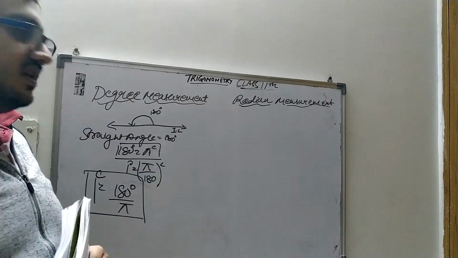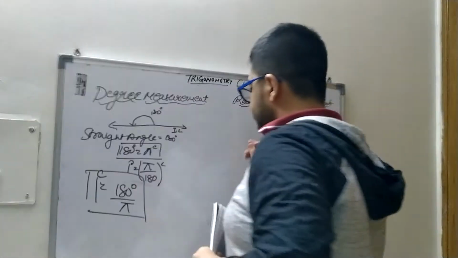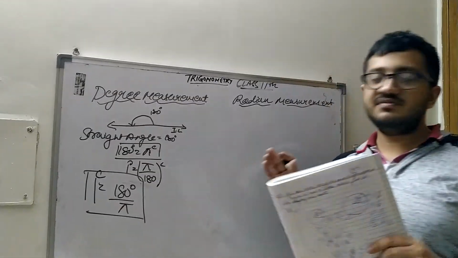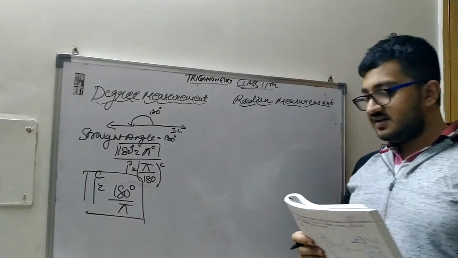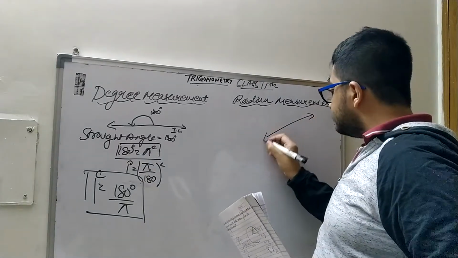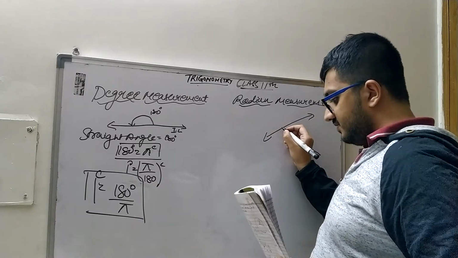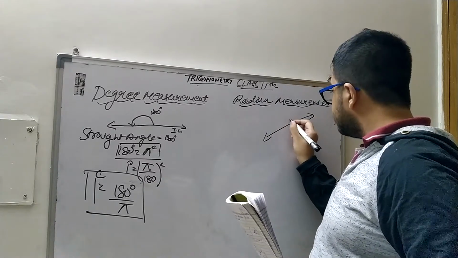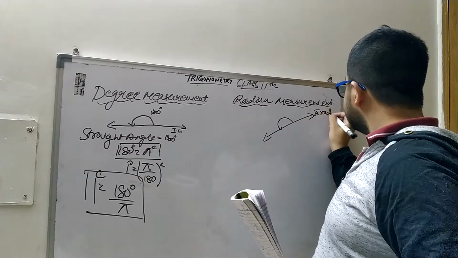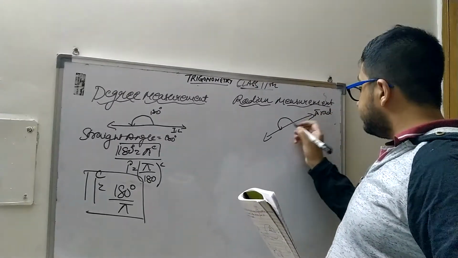So friends, we study in radian measure that the straight angle forms pi radians.